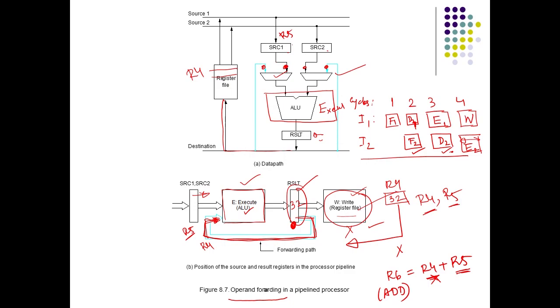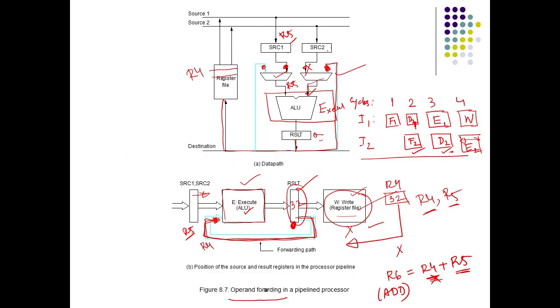It realizes that in this instruction one operand is R5, so it will choose from here, but it will choose using the operand forwarding technique. Whatever the result is, it will go here, and this mux will select only this part, not this one. Then this result is available here, R5 is here, and R4's result is available, not the content of the R4 register.